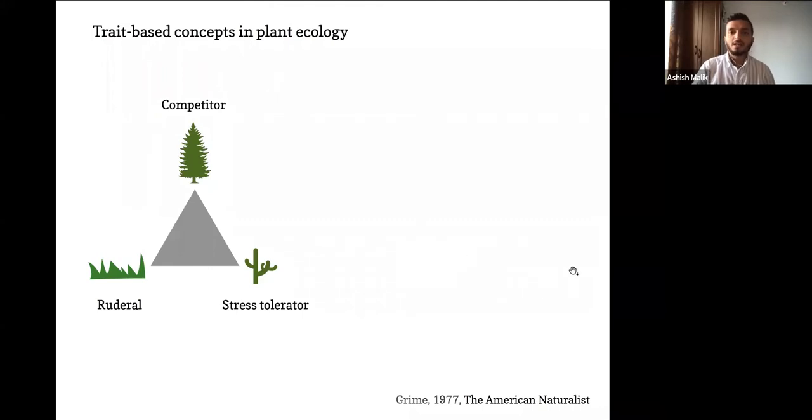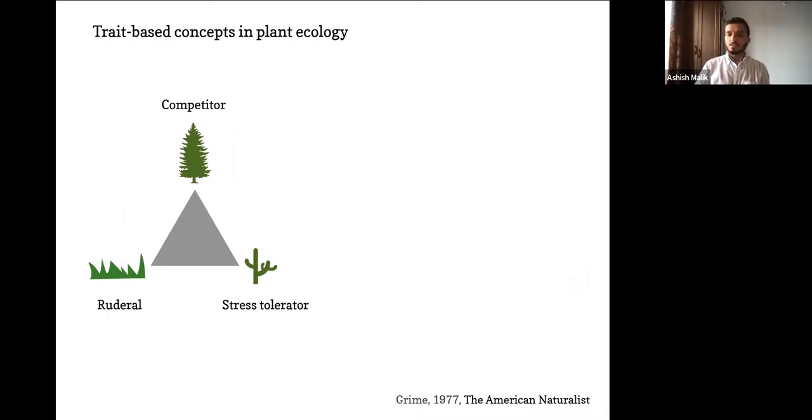And the way I'm trying to look at the linkages of microbial physiology to ecosystem processes is using a trait-based framework. There is a trait-based framework in plant ecology, which was put forth by Grime in the 70s.